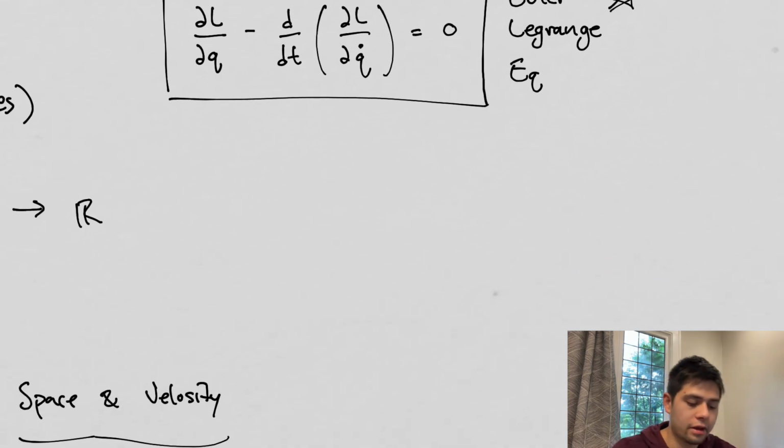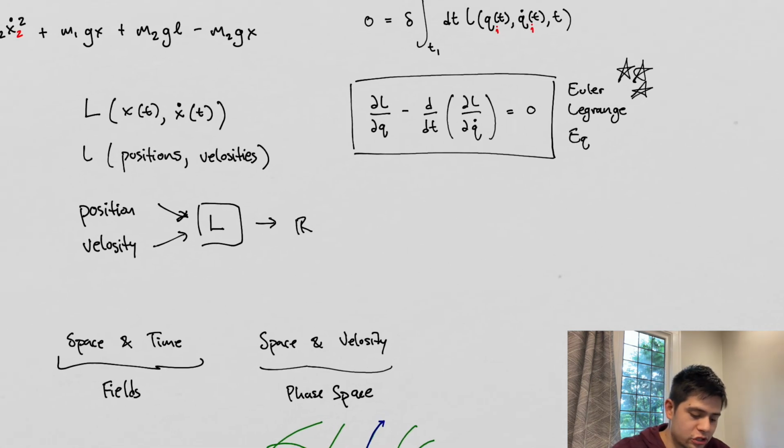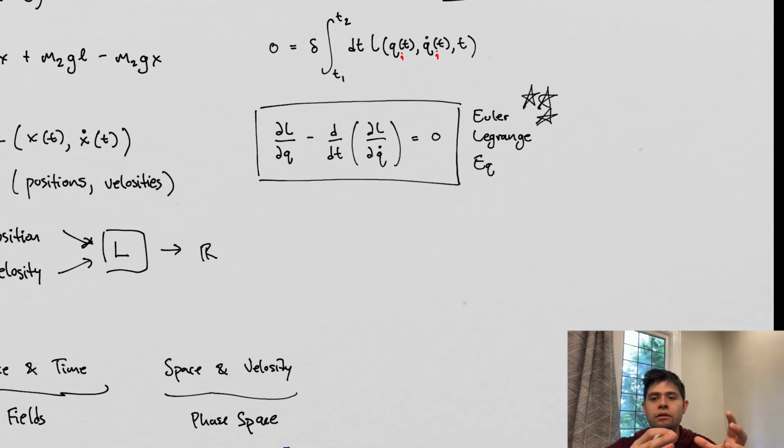And what you're able to do with this is, this is sort of the device or the equation that gets you from your Lagrangian to your equations of motion, right?